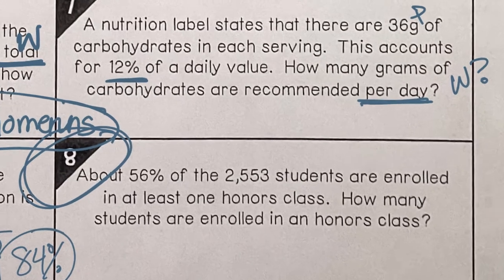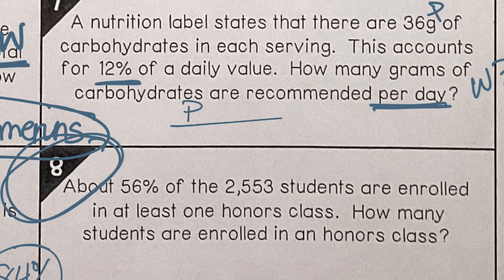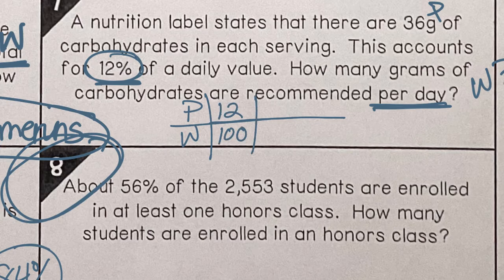So when setting up this proportion, we have a part to whole relationship. The part to whole relationship that we do know is always going to be our percentage if it's given to us, which is 12 out of 100. The part that we have is 36, so the total is what we're looking for, okay?